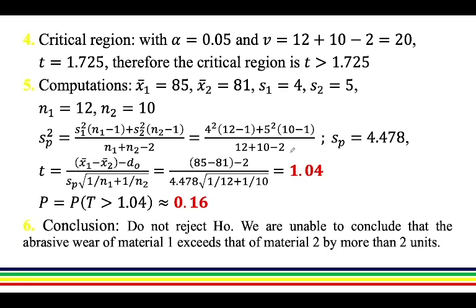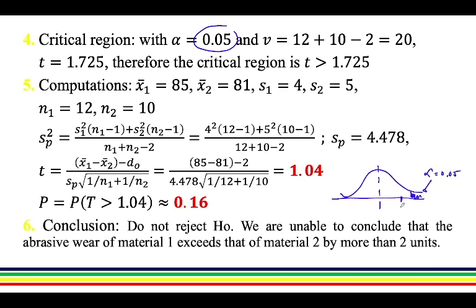0.16, and if we compare this to the alpha of 0.05 and we graph it right here, so if this is the alpha of 0.05, 0.16 is somewhere here, which is to the left of the shaded area.